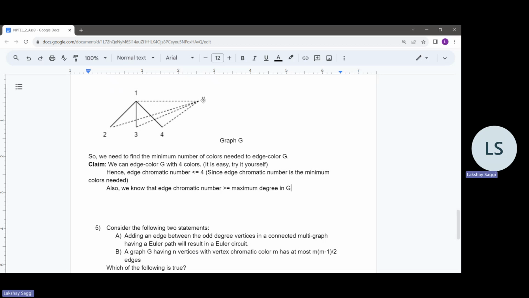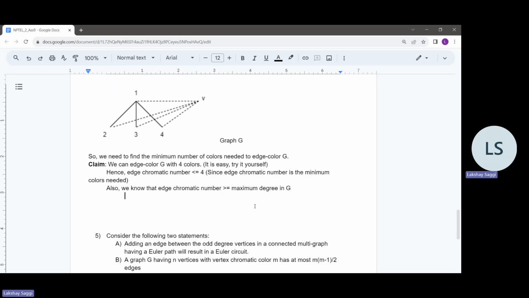So we showed an upper bound by finding a valid coloring with 4 colors, and the lower bound is the maximum degree in G. In this graph G, vertex 1 has a degree of 4, vertex V has a degree of 4, vertices 4, 3 and 2 each have a degree of 2. So the maximum degree vertices are 1 and V, both with degree 4. So the lower bound is actually 4.